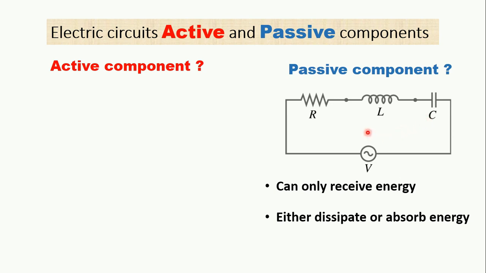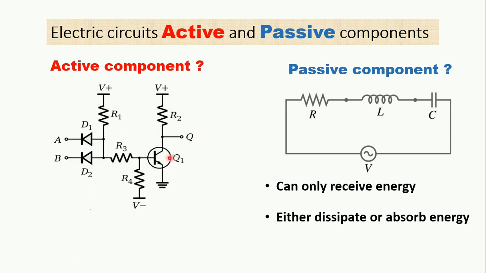Bearing this definition in mind, we will look at some other components and tell if they are also active or passive. So if you look at this circuit, there is a voltage source here, a transistor, and two diodes. Well, the diodes are seen as elements in electric circuits that control the direction of the flow of the current.